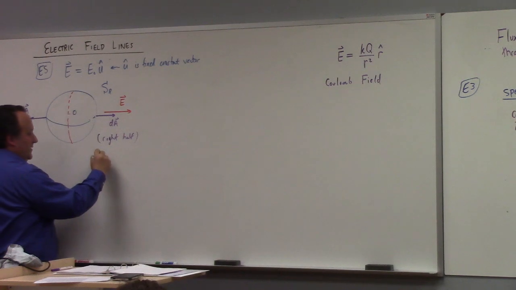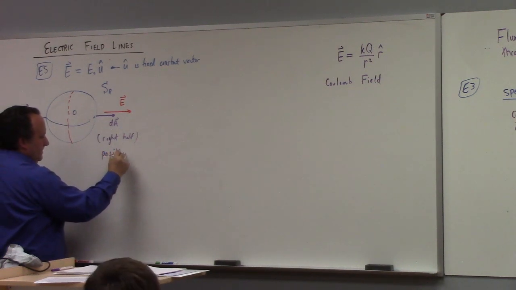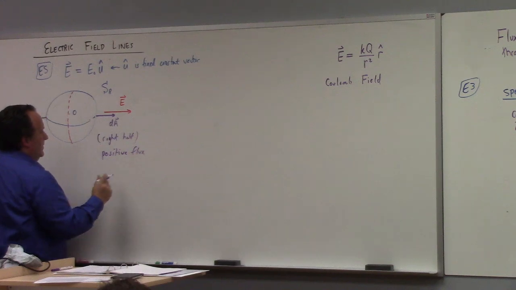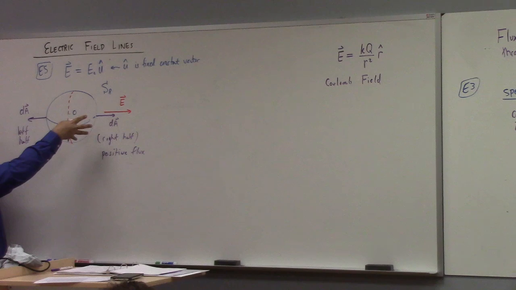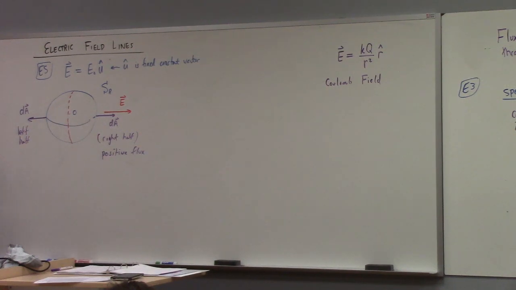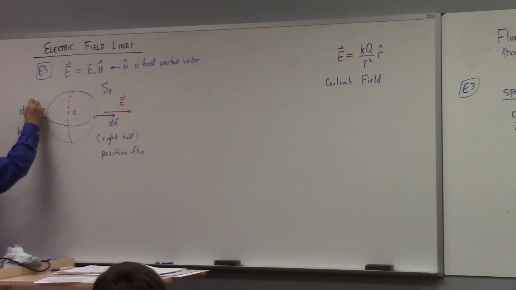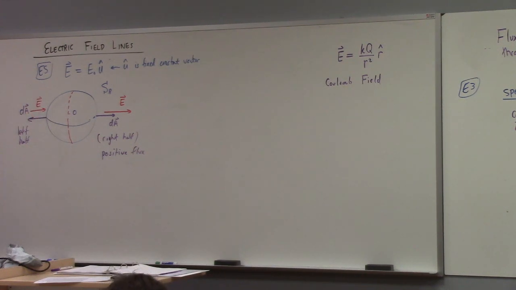So on this half we get a positive flux, because the electric field lines would be cutting through the sphere in the same direction as the outward pointing normal, right? So as I have it set up, positive flux from the electric field going through the right half of the sphere. But on the other hand, the electric field would be going opposite the direction of the normal over here, yeah? And in that situation, that gives us negative flux.